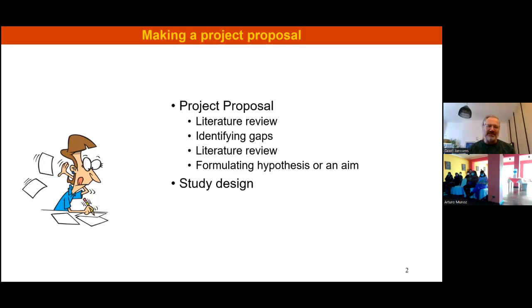And then, and this is not a typographic error, you do a literature review again, because once you have identified the gap, you want to know more about that specific thing that you would like to investigate. And once you have done that, you can formulate a hypothesis or an aim. Not every research is hypothesis driven, so it can also be an aim that you want to explore something new, and from that you make a study design.